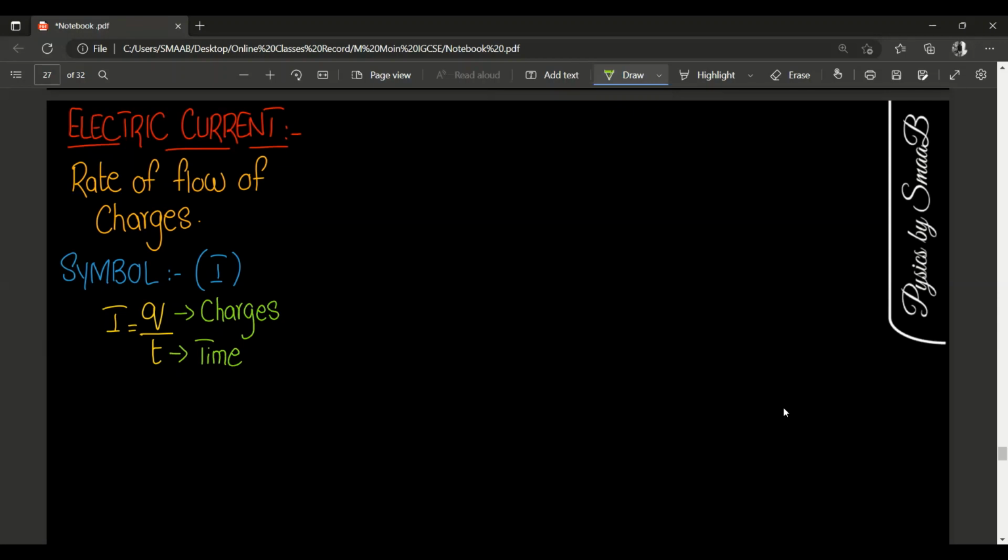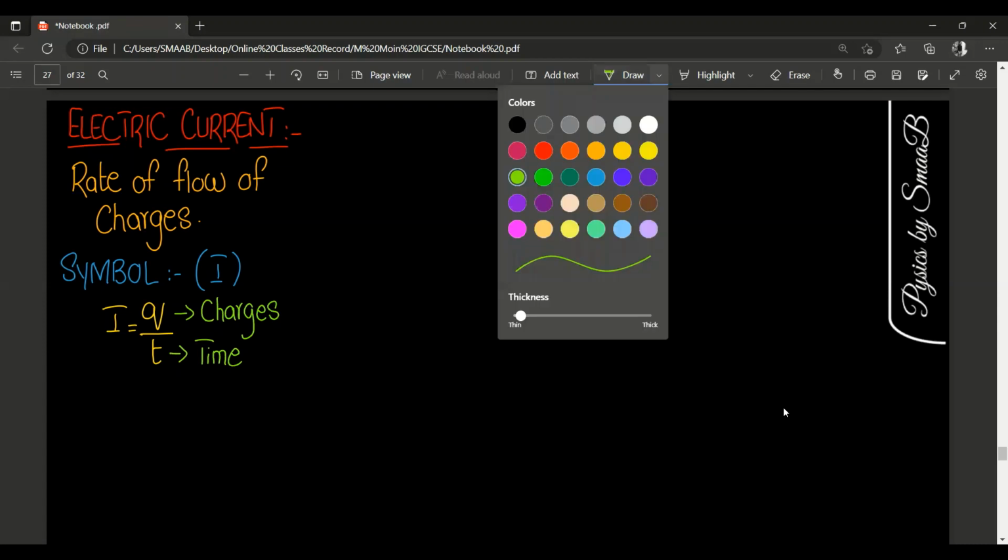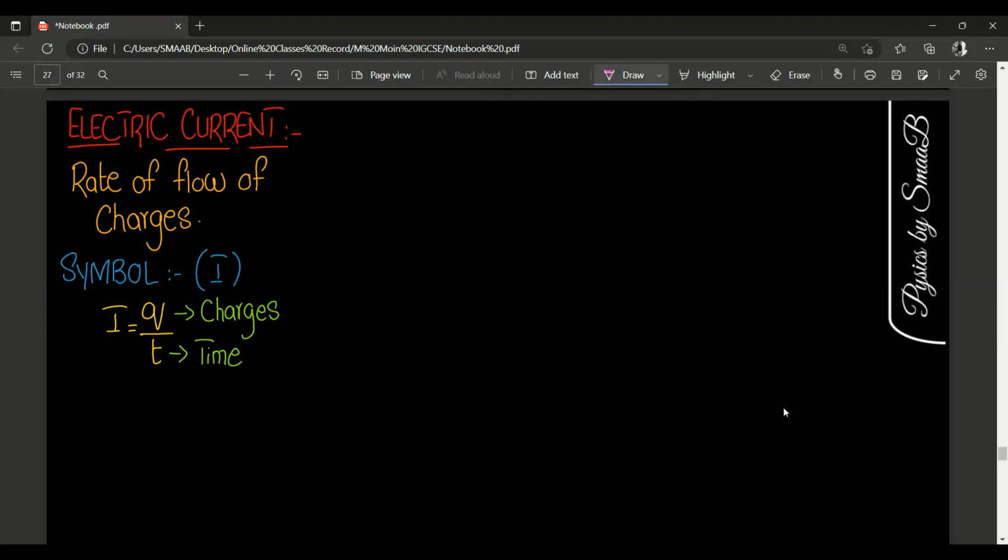So the meaning of rate remains the same, that we divide any quantity with respect to time. In this section, we are going to divide charges with respect to time. And the ampere is the SI unit of electric current.